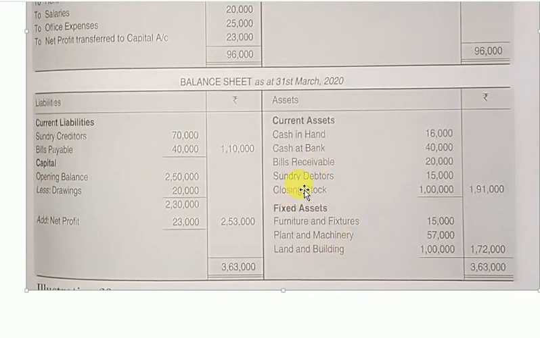And if you want to write separately the items like furniture and fixtures, plant and machinery, land and building, sundry debtors, cash in hand, like this, then again after doing all these things, you will get the same amount, sorry, 3,63,000, 3,63,000. So if the balance sheet matches, that means the total liabilities and assets amounts match, then your balance sheet is correct.